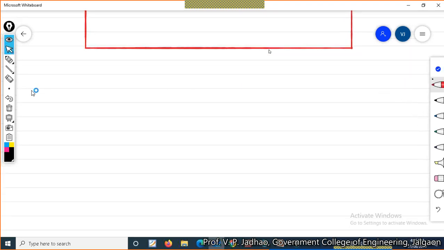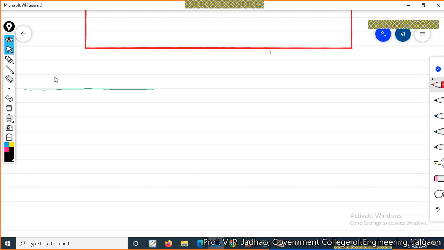Okay, now we have this footing. I think there is some lag. We have this footing like this.